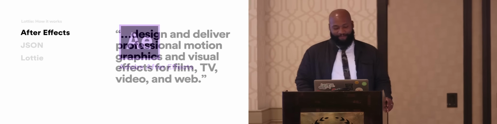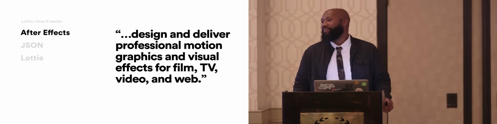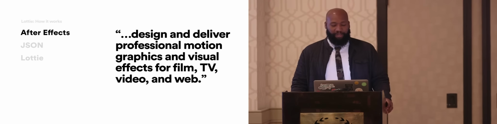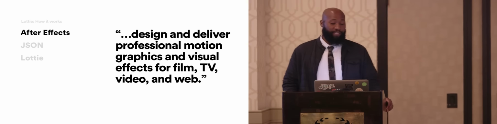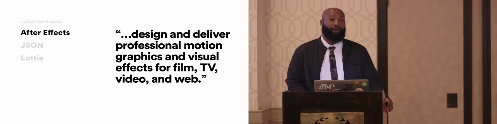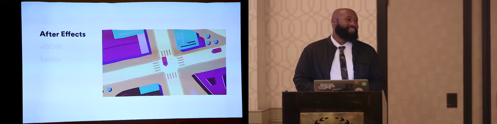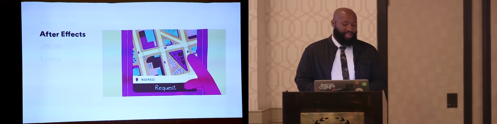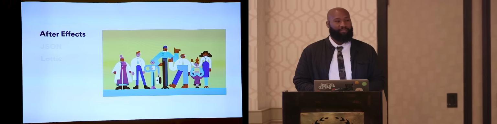Okay. So this is what Adobe says on their website that After Effects is. It's a tool that lets you design and deliver professional motion graphics and visual effects for film, TV, video, and web. This program was created in 1993, and it was made with the intent to do video effects and animations.